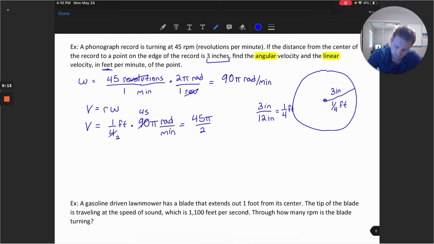And this will be in feet per minute. Usually we'll want to keep these results in terms of pi, and this looks like a great place to finish up that problem. So we have our angular velocity, omega, and our linear velocity, v.